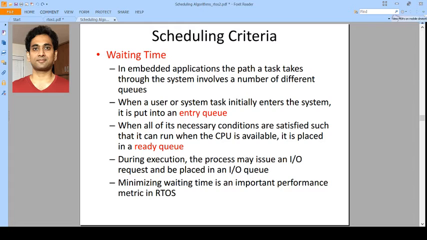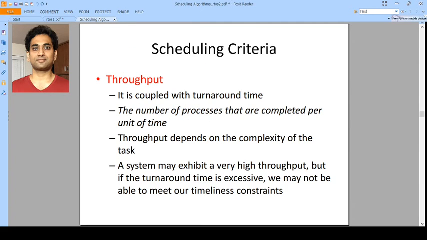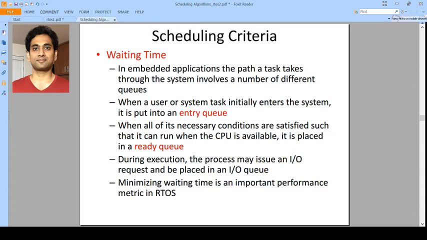So that's throughput. Now, waiting time can also be a scheduling criterion. Just like we wanted to come up with a scheduling algorithm that increases throughput and reduces turnaround time, we can even come up with a scheduling scheme that minimizes the waiting time. In embedded applications, the path a task takes through the system involves a number of different queues.